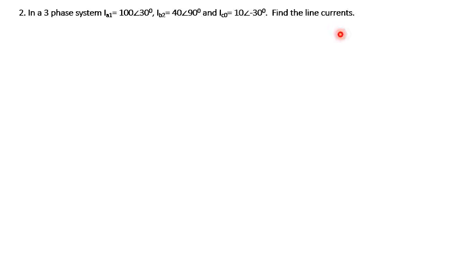Here he has not given either in terms of A, B or C, or in terms of positive, negative and zero. One term, IA, is given in terms of positive, IB in terms of negative, and IC in terms of zero.